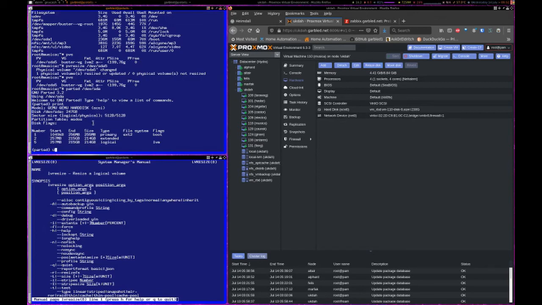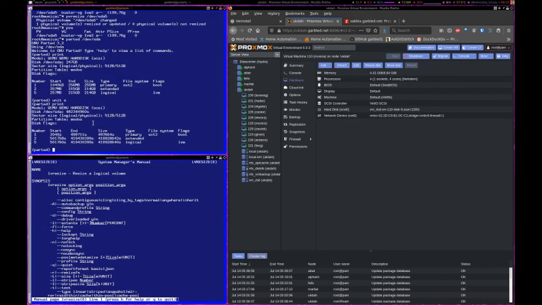So what we're going to do is we're going to set units to S. That means sectors. If I were to print again, now you can see the sector sizes. And we are going to run resizepart on partition number 2, because first we have to grow the extended.